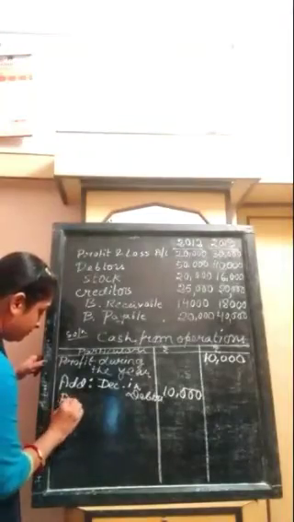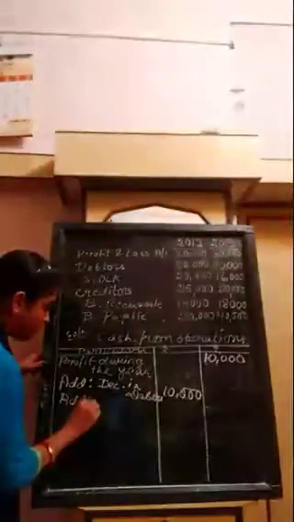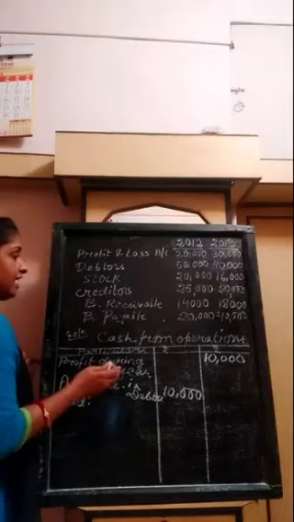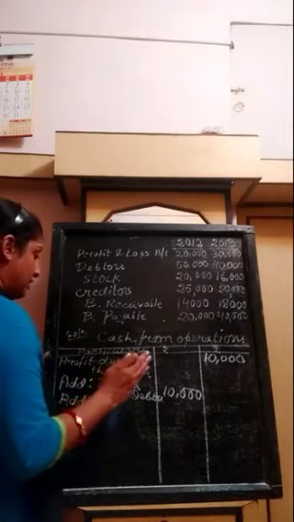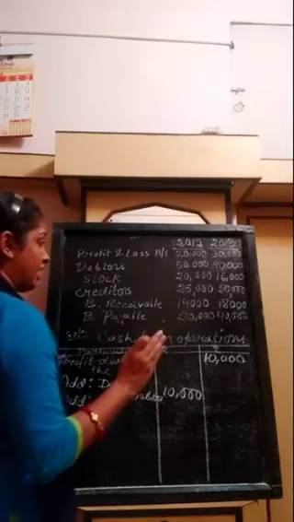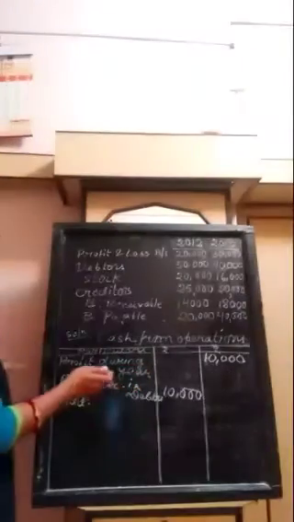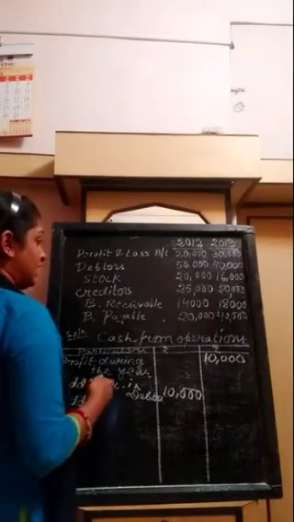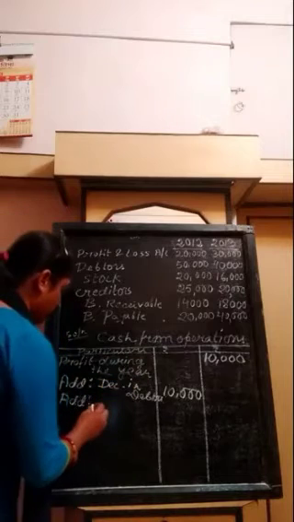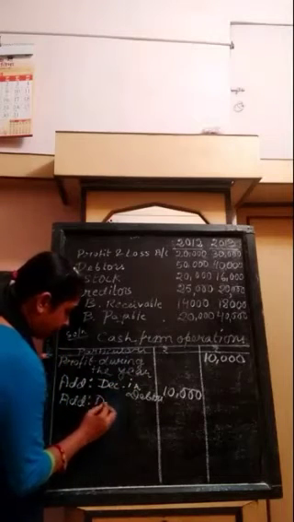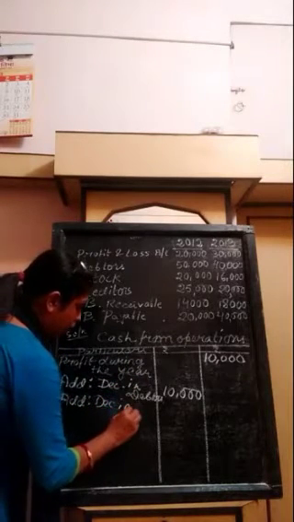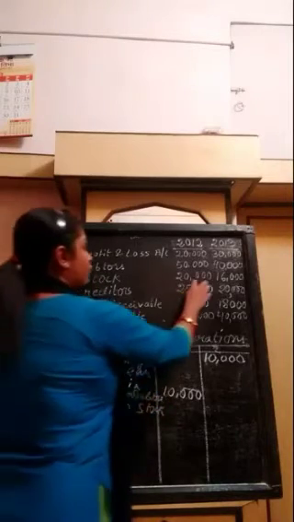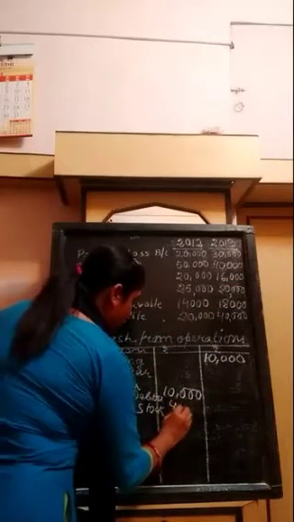Remember the formula that I explained in the previous class: a decrease in current asset means adding it because it means increase in the cash flow, whereas an increase in the current asset means decrease in cash flow, which you have to deduct. So here we add decrease in stock. How much is it decreasing? 4,000. So you will write 4,000 over here.